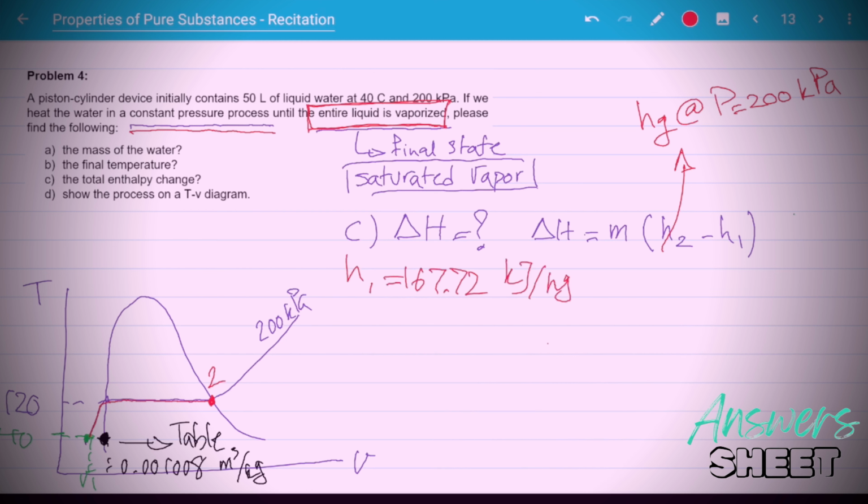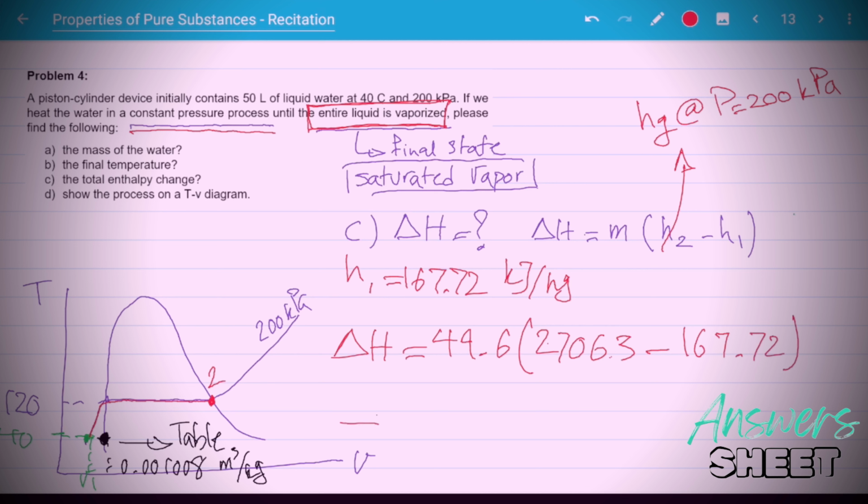Again, I cleared up the space, and let's plug in some numbers. So, the change of capital enthalpy is equal to the mass, which we already know is 49.6 kilograms, times H2, the enthalpy of saturated vapor at 200 kilopascals, which is 2706.3, minus H1, which we found is 167.72.